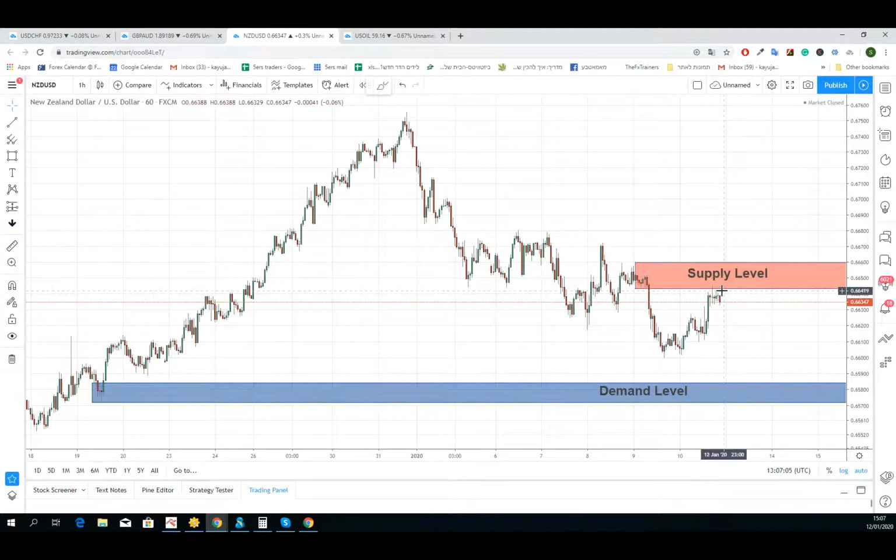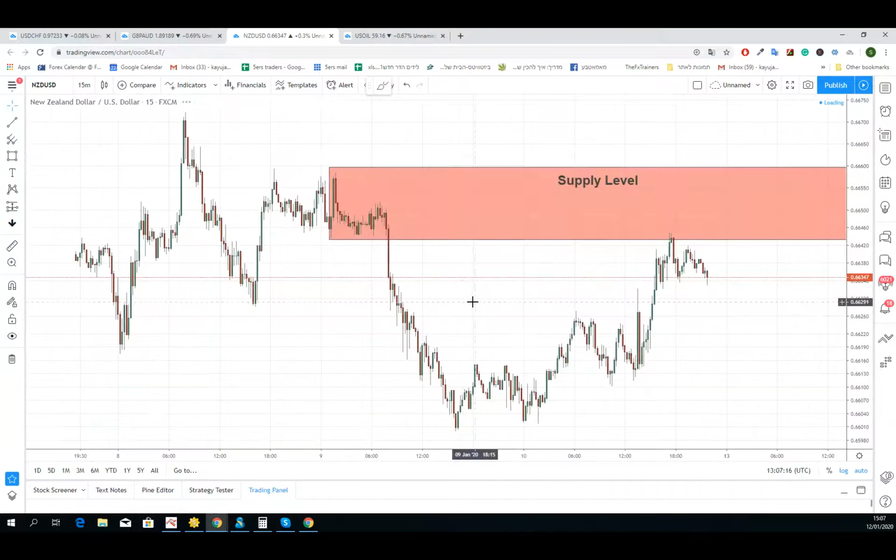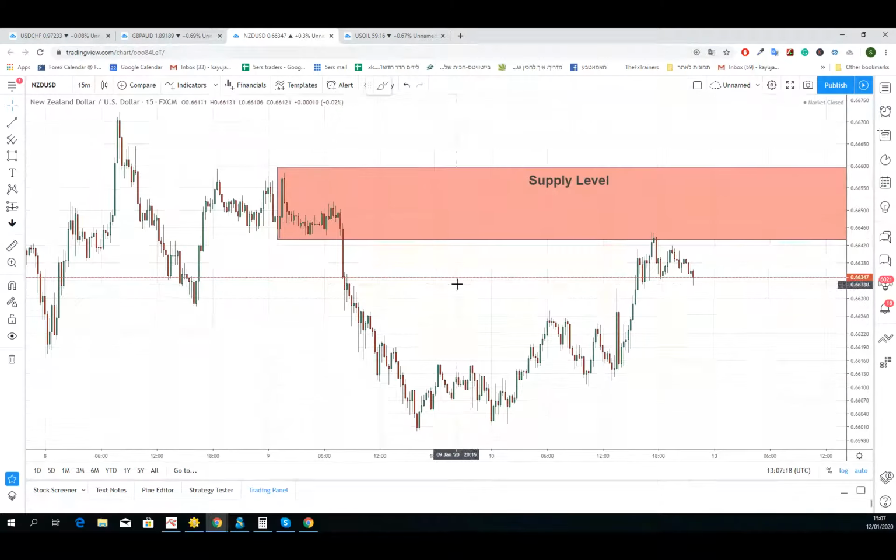So I'll still look for a reason to sell here. I wouldn't say it will be on the first touch because it has already happened, but maybe if we go to the lower time frame, you will find a good reason to try to join this opportunity.